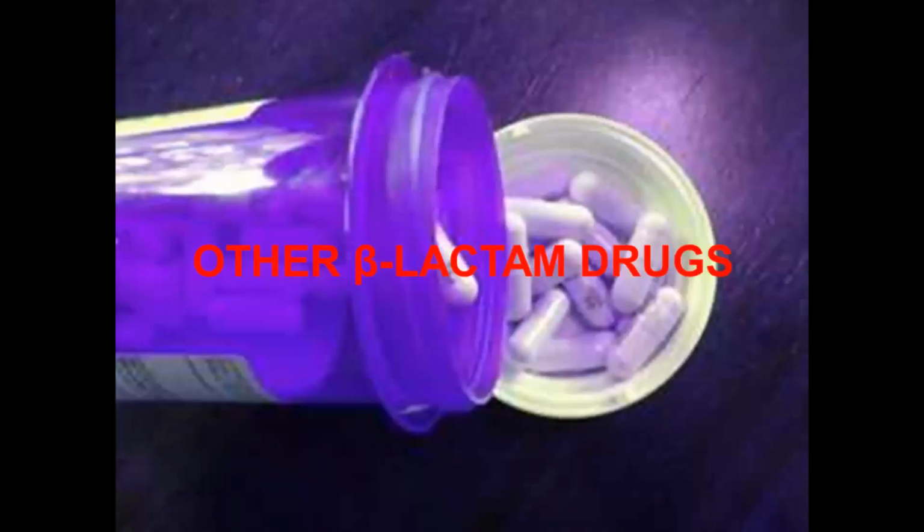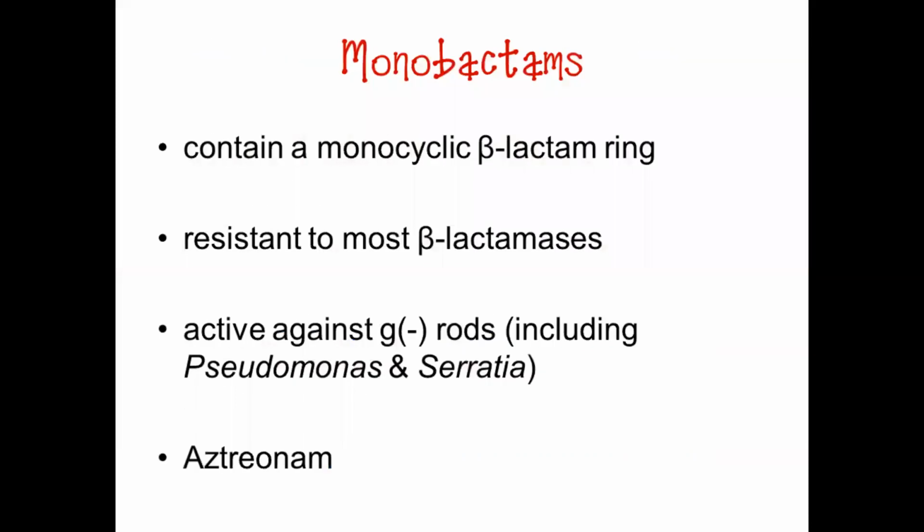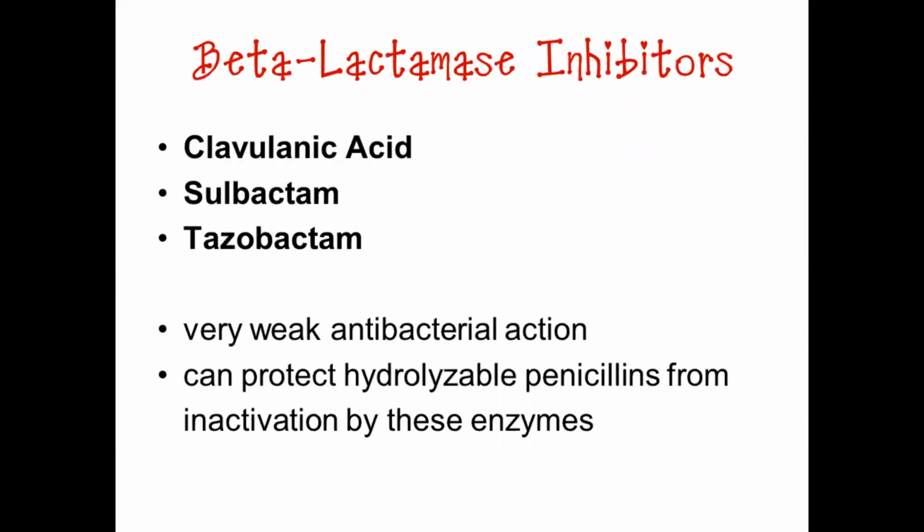So let's move to the other beta-lactam drugs. So we have monobactams, no? Such as aztreonam. So it is given to patients with resistance to most beta-lactamases, and they are active against gram-negative bacteria like Pseudomonas and Serratia. So these sacrificial drugs, no, beta-lactamase inhibitors like clavulanic acid, sulbactam, and tazobactam, they have very weak antibacterial action, but they protect the penicillins from being hydrolyzed.